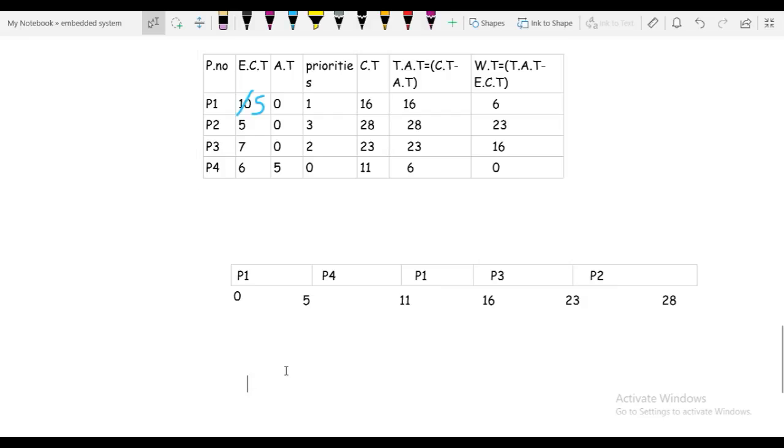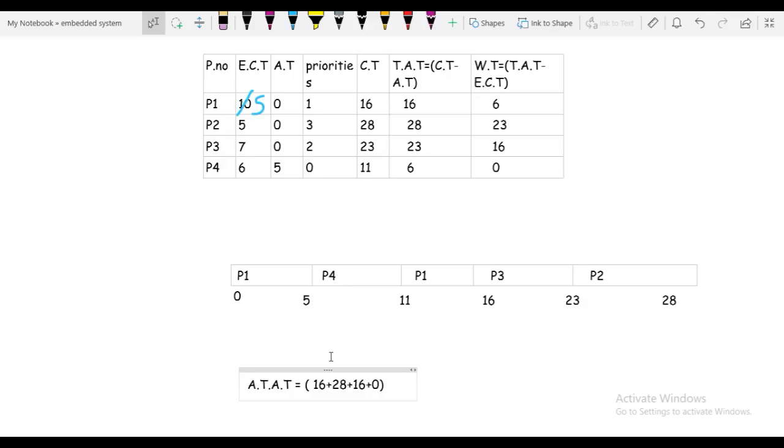Average turnaround time you can calculate as 16 plus 28 plus 23 plus 6, right, by 4.